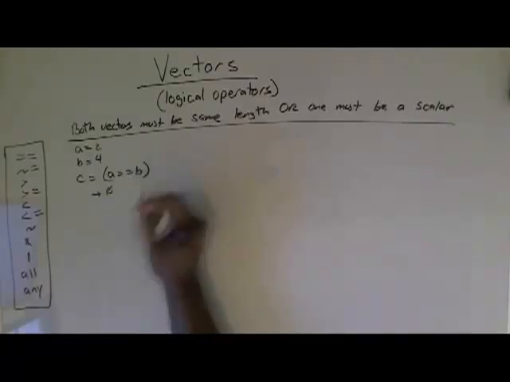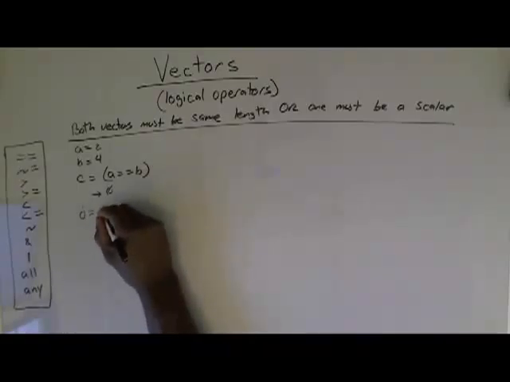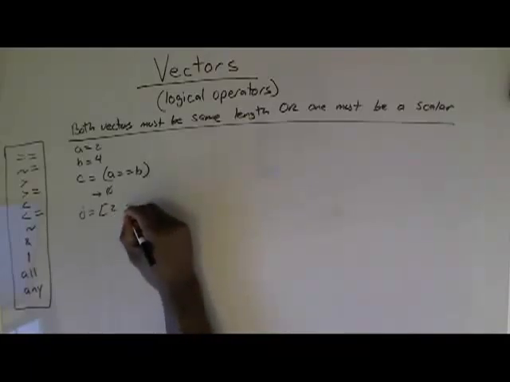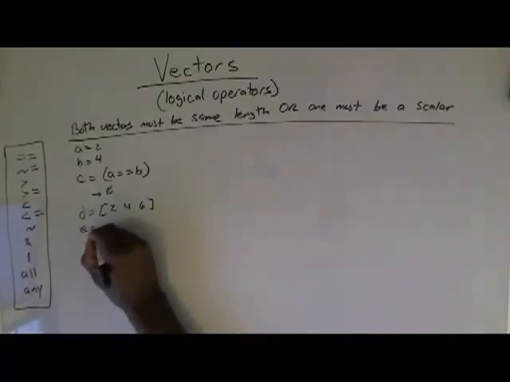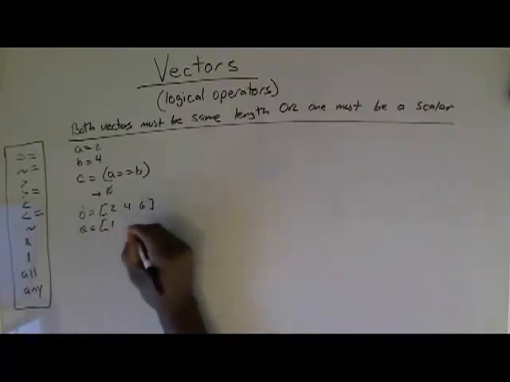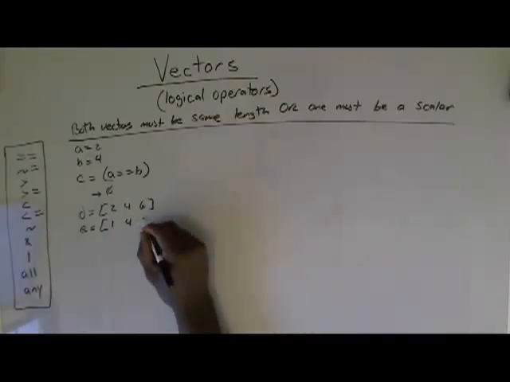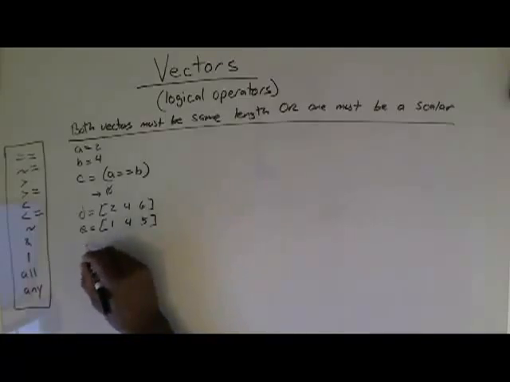So that's 2 scalars. Now let's define D equal to the vector 2, 4, 6, and E equal to the vector 1, 4, 5. Okay, so we can do a couple of things here. We can do the Boolean of these 2 vectors.